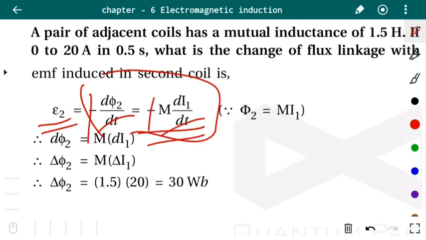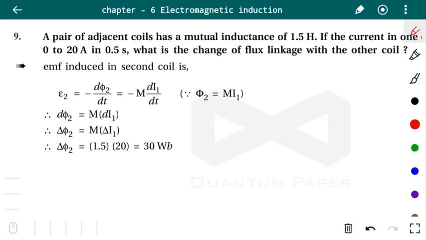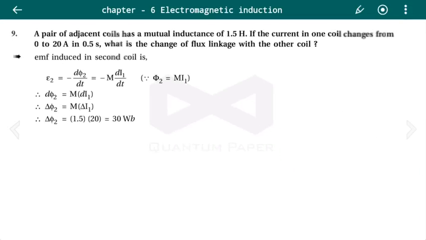So what we have is d phi 2 equals M di1, that is delta phi 2 equals M delta I1. Putting the value of the mutual inductance, 1.5, and delta I1, 20, when you calculate this we get 30 Weber. So the change in the flux linkage in the other coil is 30 Weber. So students, you may copy down this numerical.